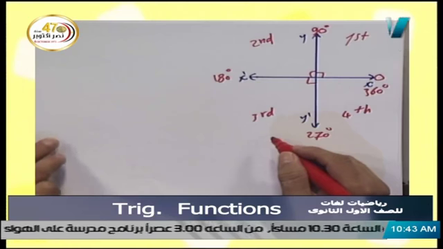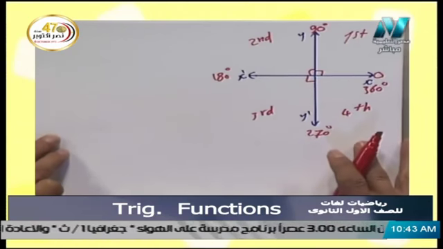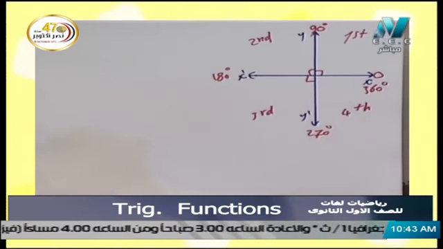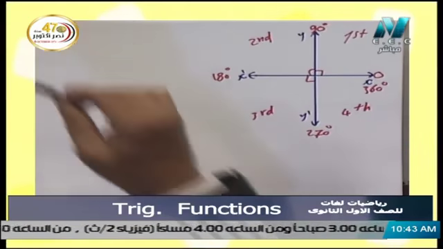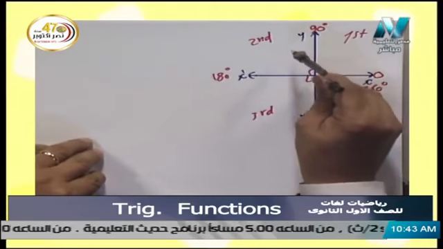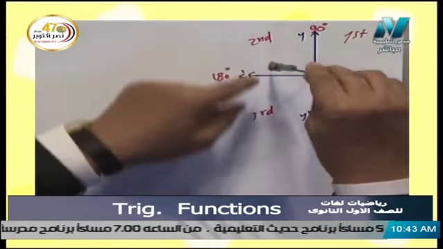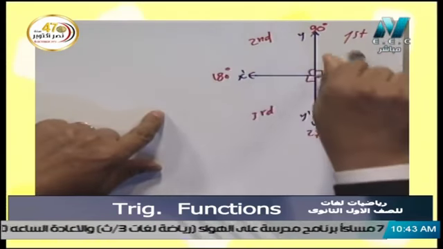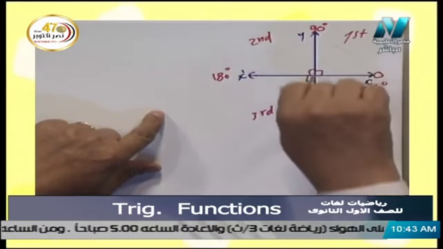Okay, we know about x and y. We know that in the unit circle, if we draw a unit circle here, remember that unit circle, its center is the origin point and its radius is a unit. Unit, as we said, means 1 centimeter or 1 meter.